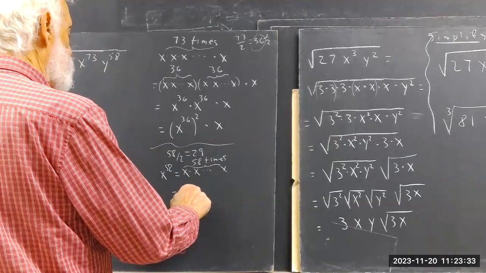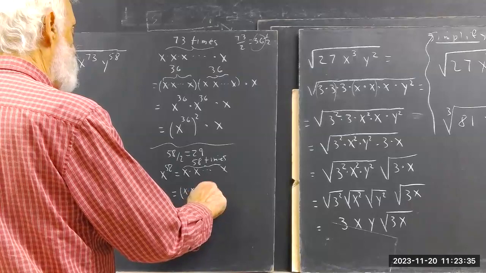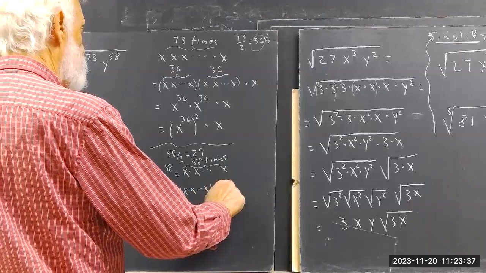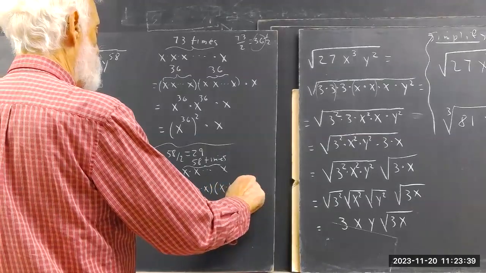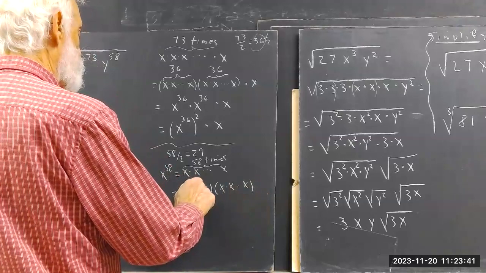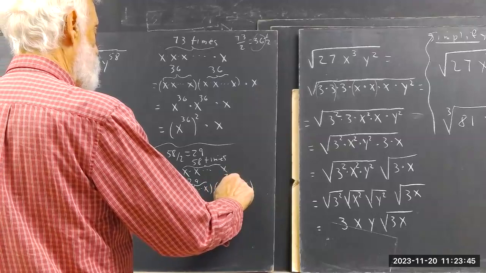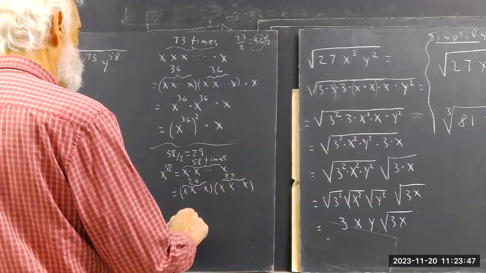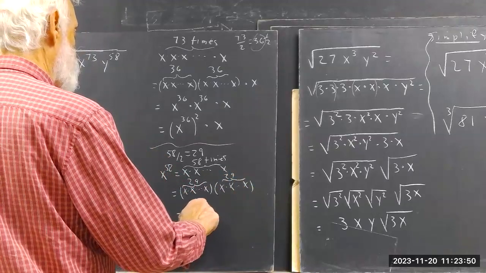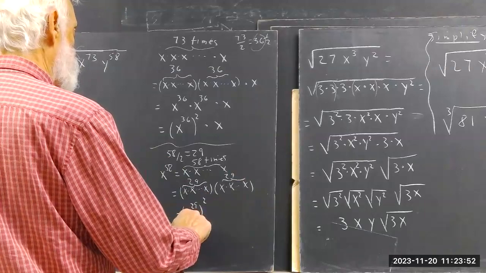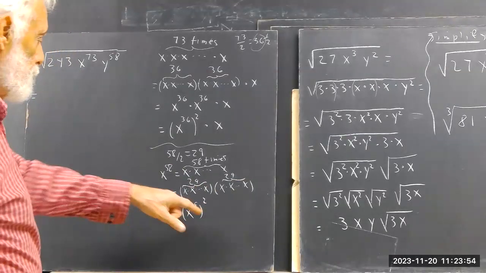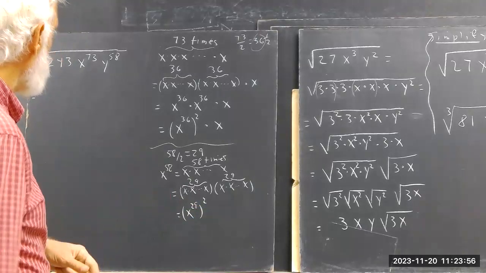But I can break that into 29 x's here and 29 x's here. It gives me x to the 29th squared.